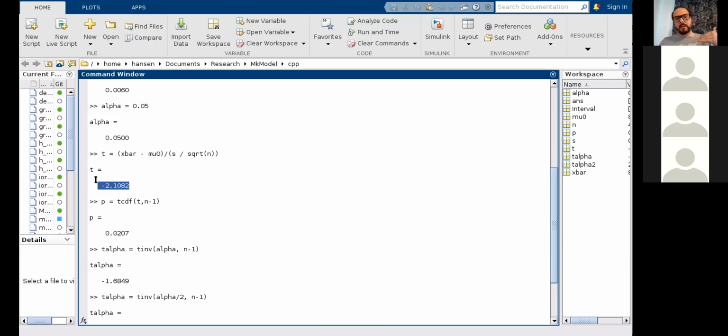We get minus 2.108. And now when you calculate the p-value, this means the probability of getting a value such as this t-value or smaller if the expected value is still mu0. So if nothing has changed, we get this kind of batch 2 times out of 100 tests.